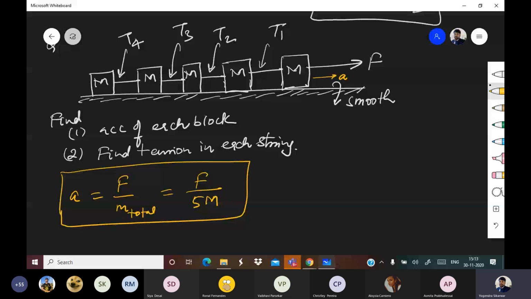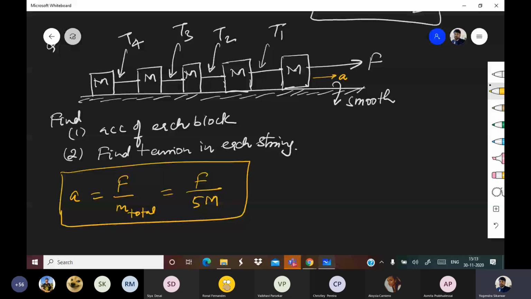So T4, if you cut T4, then the last block will not move. So T4 is equal to M into A, because the tension T4 was causing its motion. A is F upon 5M, so T4 comes out to be F by 5.